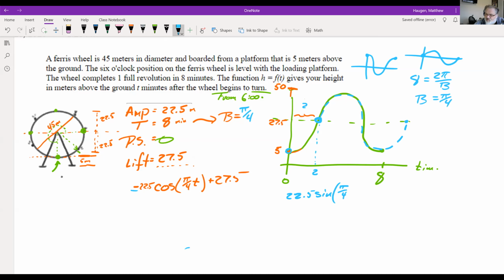And to avoid having to solve for that c, I'm just going to go ahead and put it in the parentheses. So t minus 2, that shifts us over 2 units, plus the 27.5, and then distribute the pi over 4. So once you get used to doing it, it's not terribly more difficult, but it is an extra step.